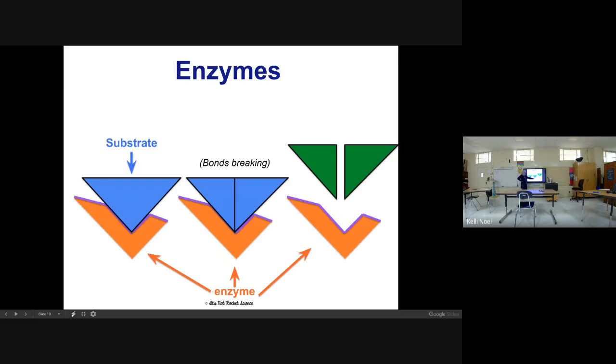You see a line splitting that triangle, and you get two products. Again, you may want to label that, like it's labeled here. So the bottom pieces are the enzyme. Notice the enzyme doesn't change. This is the substrate. This is showing bonds breaking. You've got two products left.